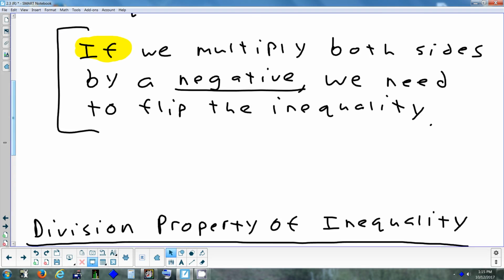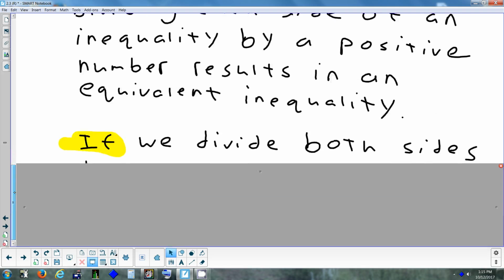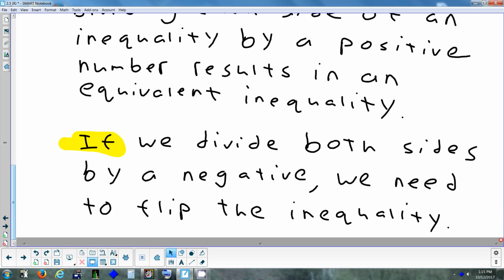Flip the inequality sign. It applies to both multiplying and dividing, same rule. So if you divide both sides of an inequality by a negative, you have to flip the sign.